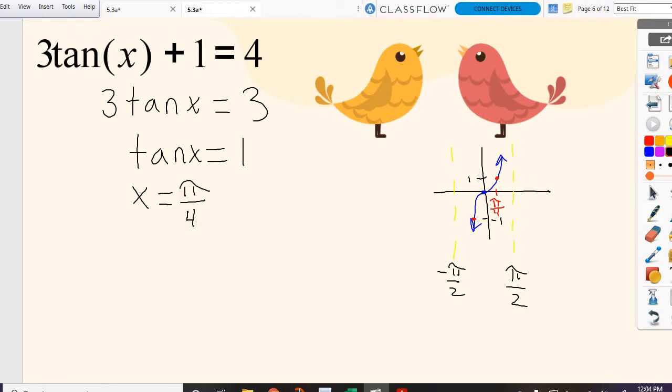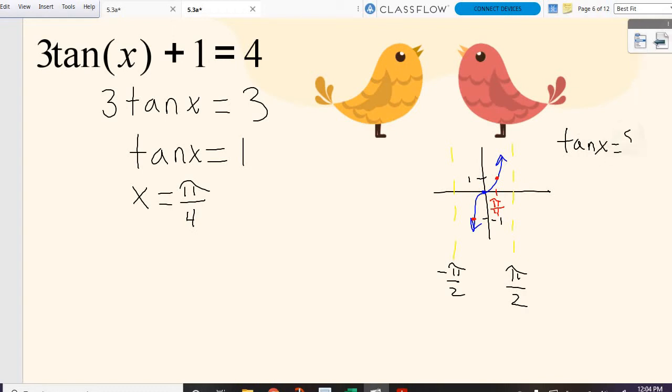Now, the other way that we can think about this is that we know tangent of x equals sine over cosine.